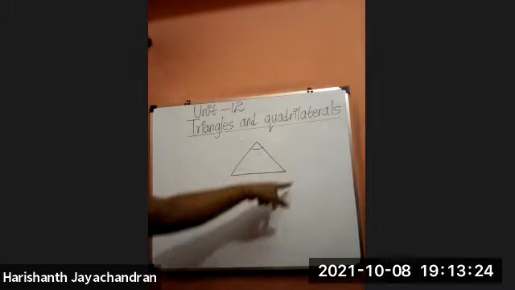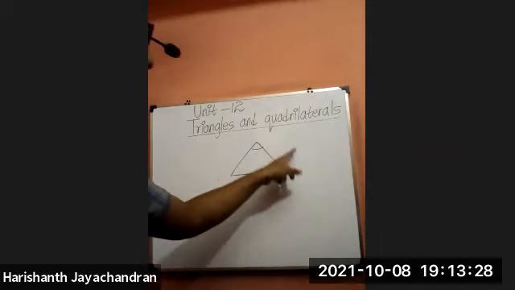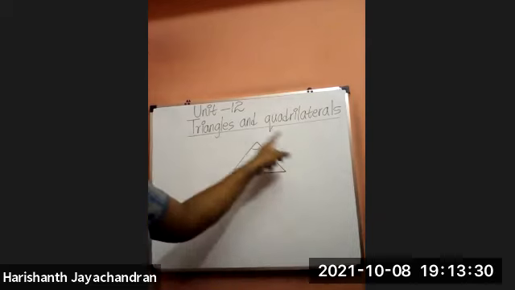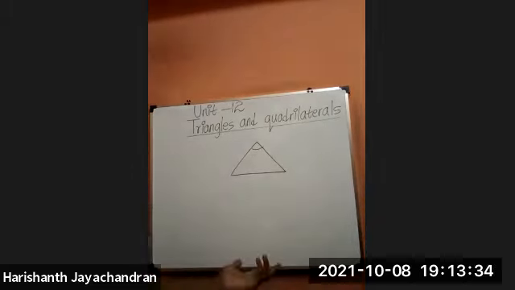So what do you call the 2D plane figure which has got 3 straight line segments? You call it simply as a triangle.